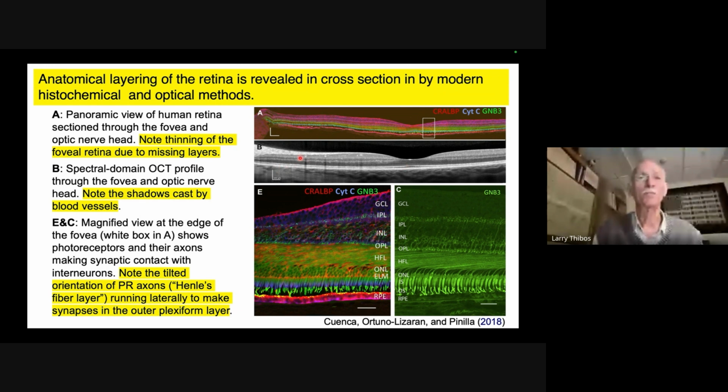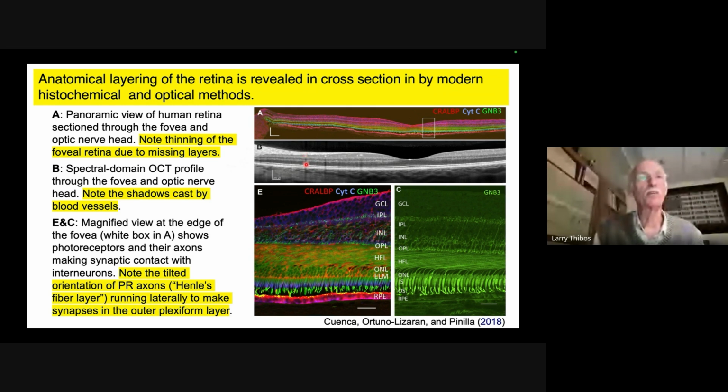The second image here, this one in black and white, this is the spectral domain image taken of a living human eye using optical coherence tomography, a modern optical technique. It's running through the optic nerve head on the left, in the same way. Now, what I specifically want you to notice is that this little dot right there, and that little white dot there, and this little white dot over here, these are blood vessels, and they're running parallel to the surface of the retina, so they just appear as little dots.